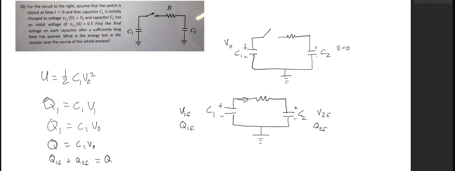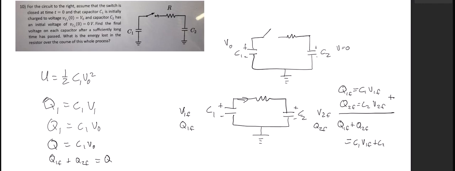Alright, we also know that Q1 final has to equal C1 V1 final, and Q2 final has to equal C2 V2 final. That's just the definition of capacitance. Now I'm going to add these two equations together. And when I do that, I get Q1 final plus Q2 final equals C1 V1 final plus C2 V2 final.